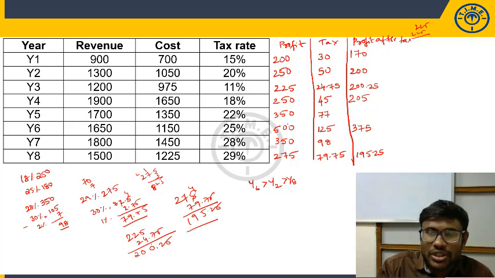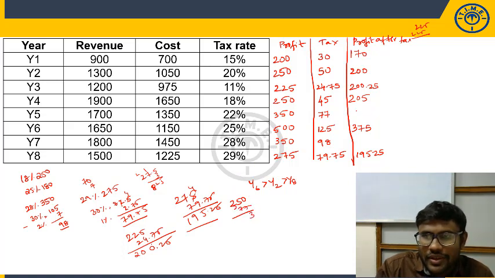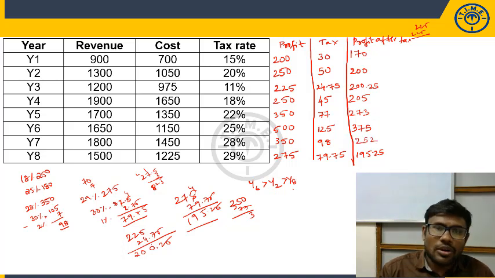So it is 273. 350 minus 77, yeah, 273. And 350 minus 98. So if 100 means 250, but it's only 98, that is 252. Now, what are we supposed to do?